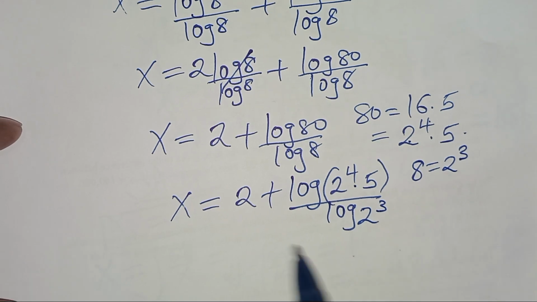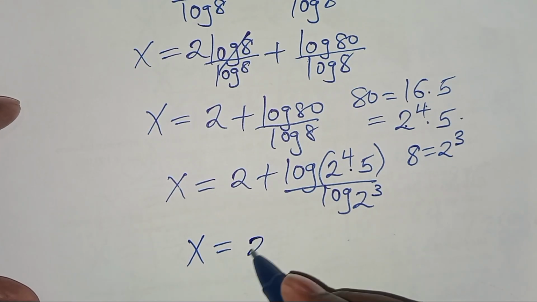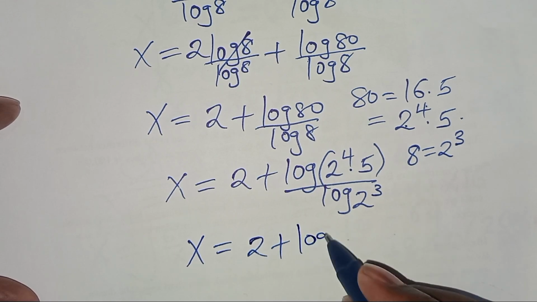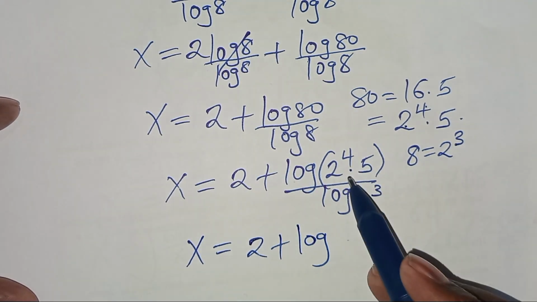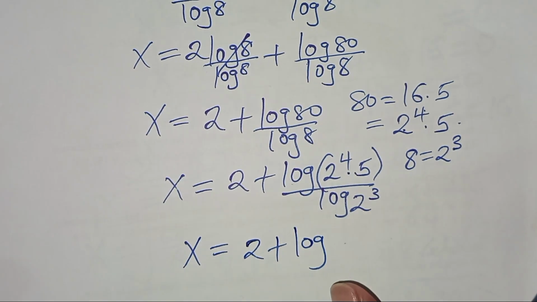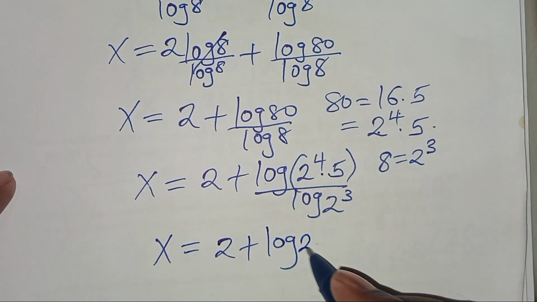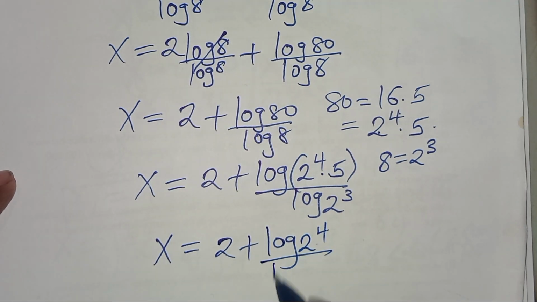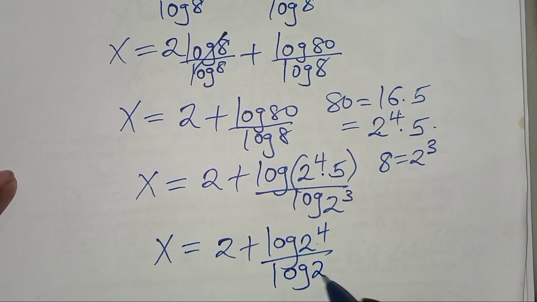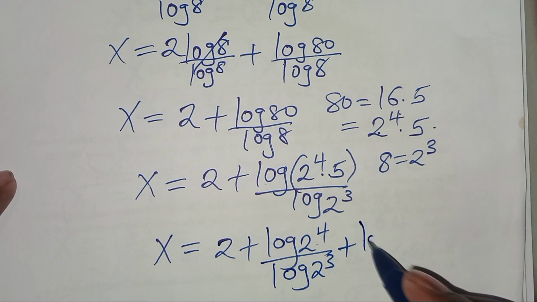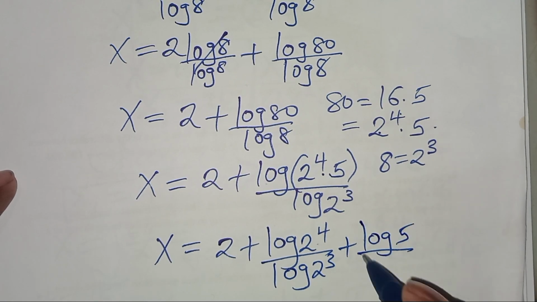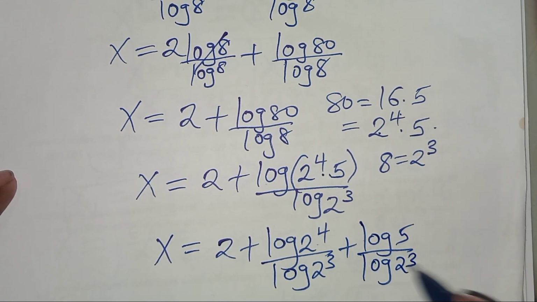Okay, so from here we'll have x is equal to 2 plus log 2 to power 4 multiplied by 5. Okay, so applying this logarithm property, this can be expressed as log 2 to power 4 divided by log 2 to power 3 plus log 5 divided by log 2 to power 3.